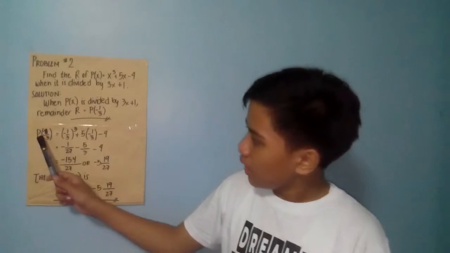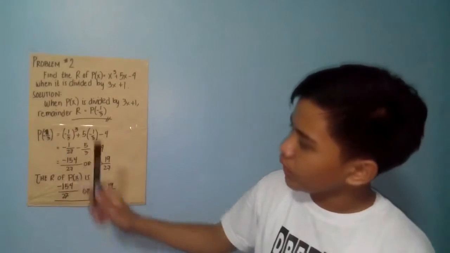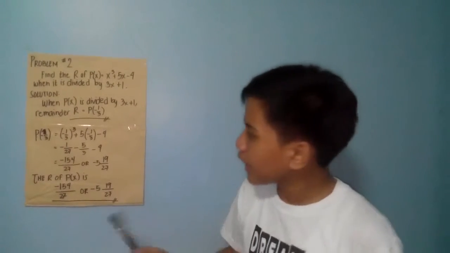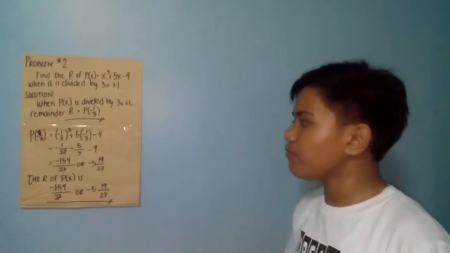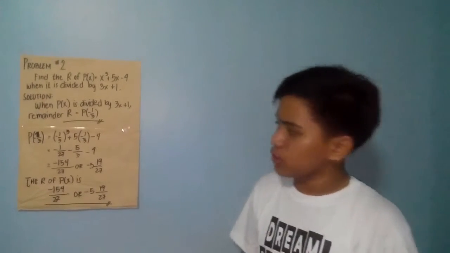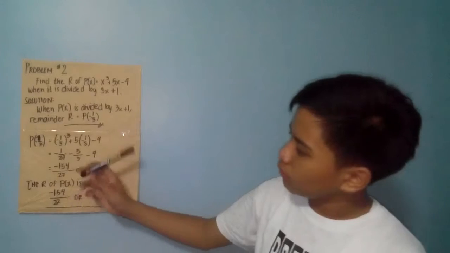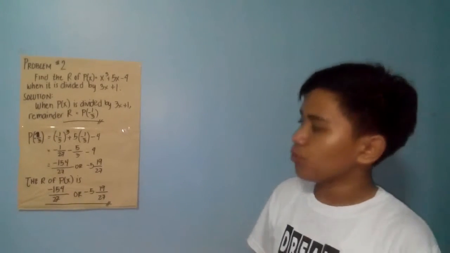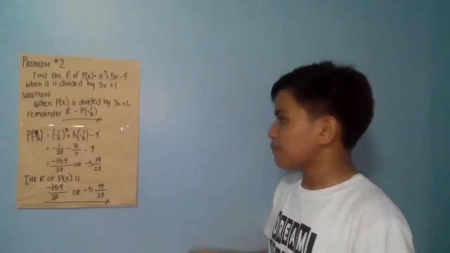x. Next, it will turn to p of negative 1/3 is equal to negative 1/3 cubed plus 5 times negative 1/3 minus 4. Then it will turn to negative 1/27 minus 5/3 minus 4.